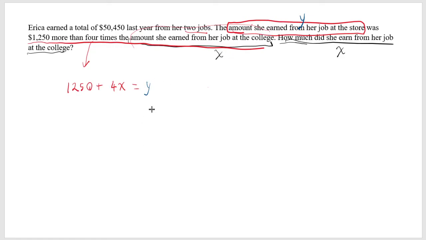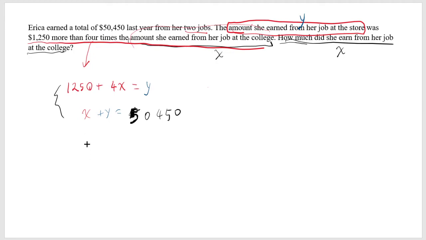But then we also know that if you have x and then you add y to it, you get the total amount, which is 50,450, right? So that's a system.